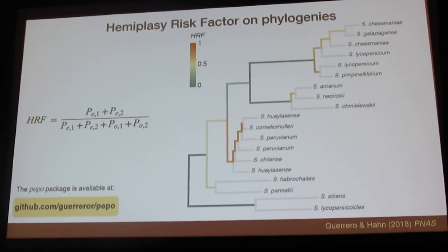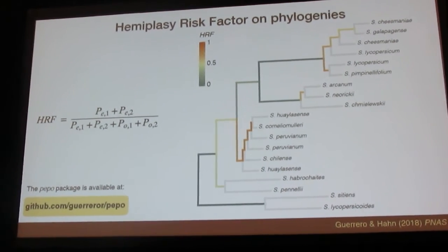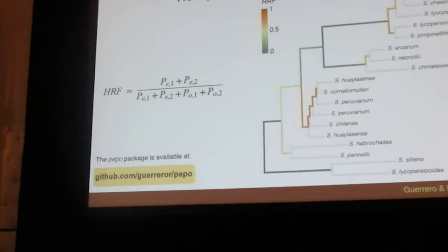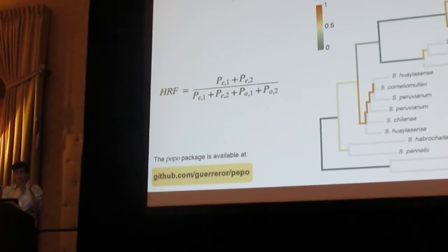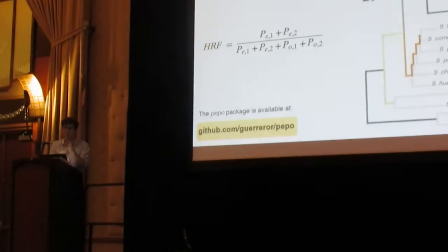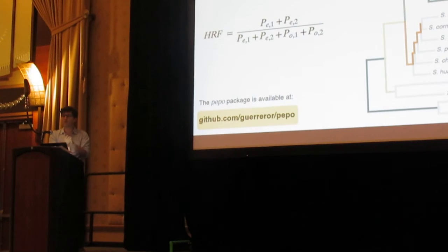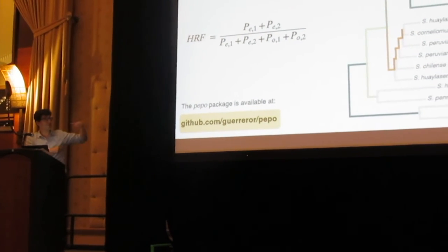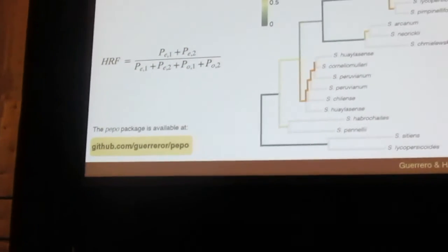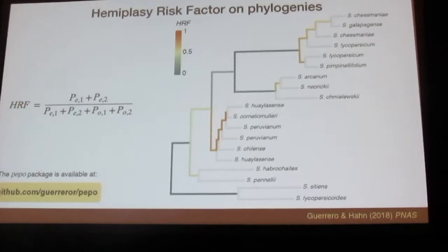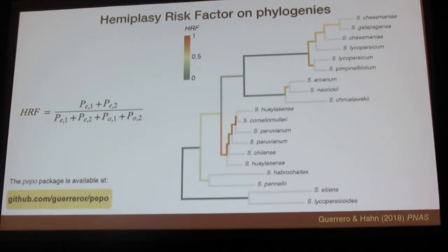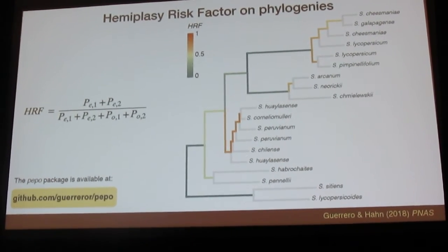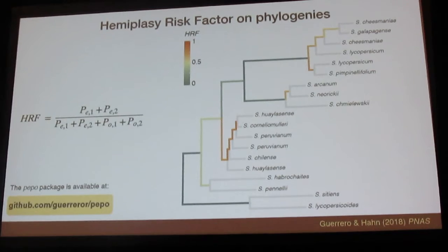But we're counting possible events of hemiplasia, accounting for both hemiplasia of A and C and B and C, so to speak. So there's two sides to that trio. And then we're putting them as a ratio of all possible congruent observations. So it goes from 0 to 1, and it allows you to color your favorite tree, like this one from James Pease's work from a couple of years ago.